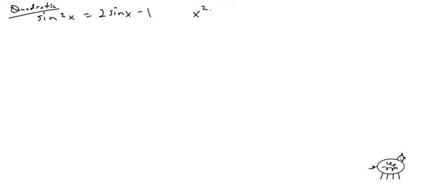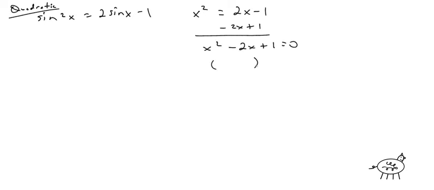This is really x squared equals 2x minus 1. That's exactly what that looks like. It's a quadratic, a factoring problem. So it's like moving the 2x over and the 1 over, and I get x squared minus 2x plus 1 equals 0. And then if I factor that, I get x minus 1 squared equals 0, so x equals 1. And then I go from there.